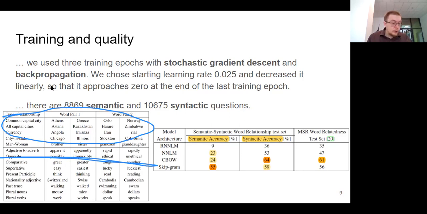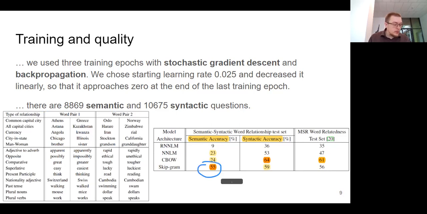And they showed in their paper very high accuracy compared to previous best models. Skipgrams were the best in semantic accuracy and continuous bag of words in syntactic. And what is actually important here, I can say that there is some juggling with the causes and the results.